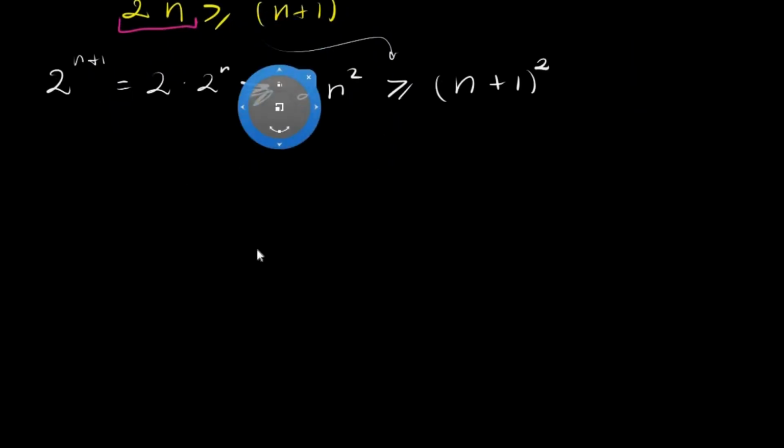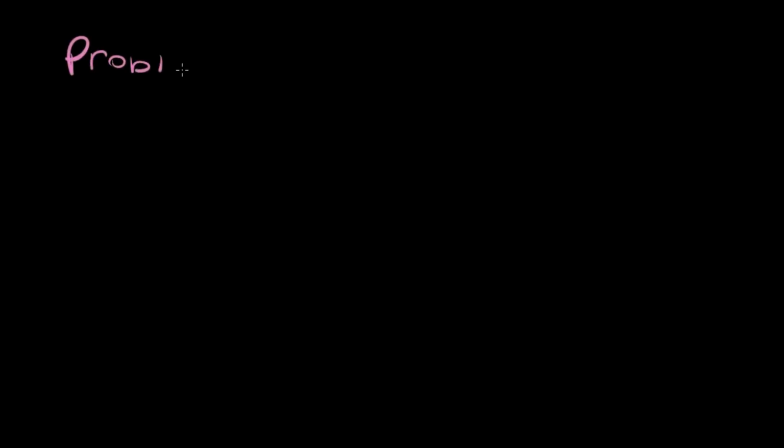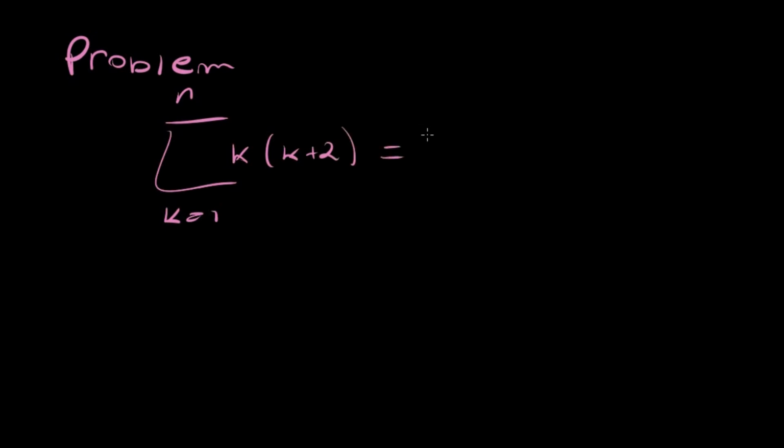Now I'm going to give you a few examples for you to continue practicing. The first problem is, again, prove by induction that the sum from k equals 1 to n of k times k plus 2 equals n times n plus 1 times 2n plus 7 divided by 6.